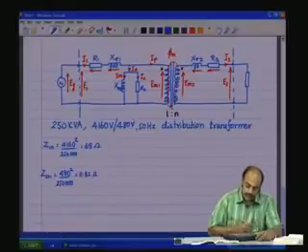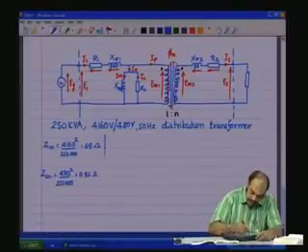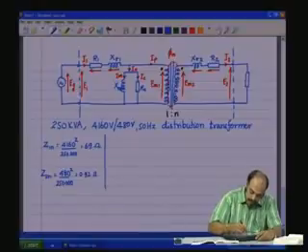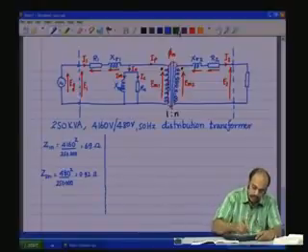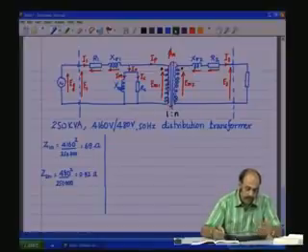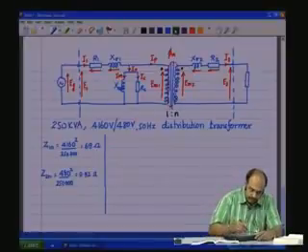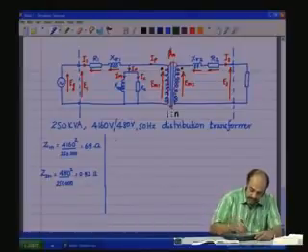Now, these are the base impedances. Using these base impedances, we now evaluate the various components as given in the previous table.